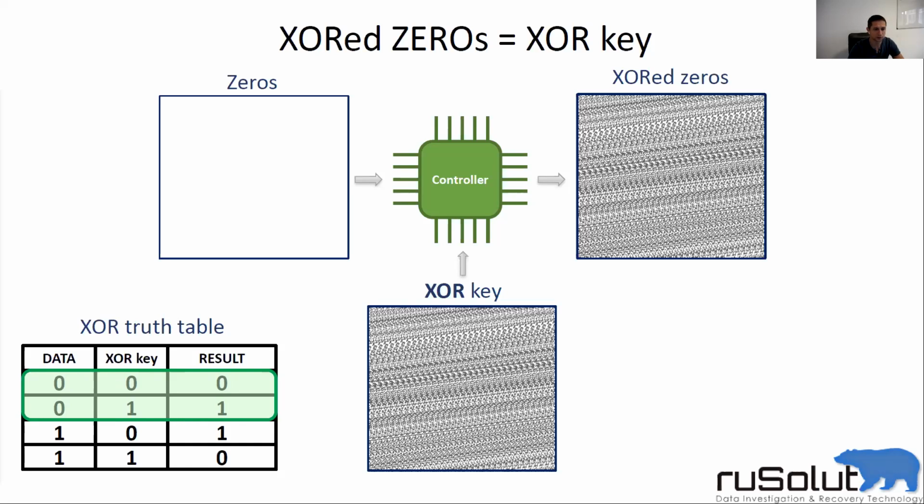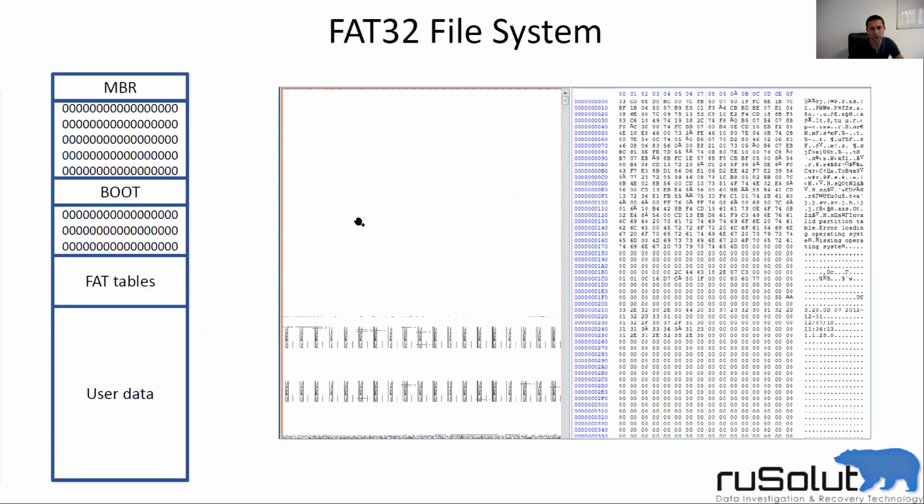So you can see that the result of XOR key plus zeros is really not changed. I mean, it will be a XOR key after the transformation. So in fact, those zeros from file system in a physical image look like a XOR key. They are XOR key itself in their physical image.